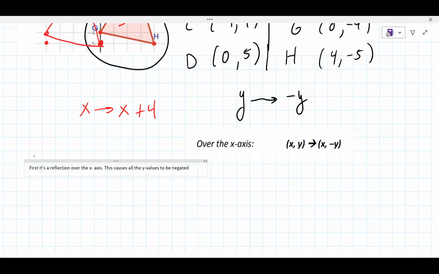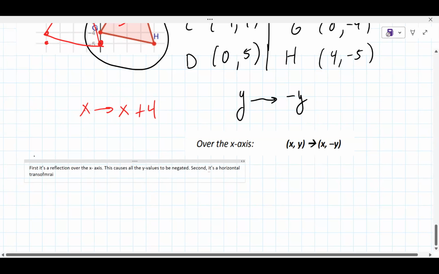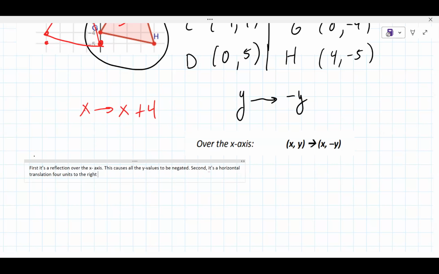Second, it's a horizontal transformation. It's really a shift, but I guess your book uses translation, by 4 units to the right, affecting only the x values. It's kind of obvious, but that's how they're doing it.